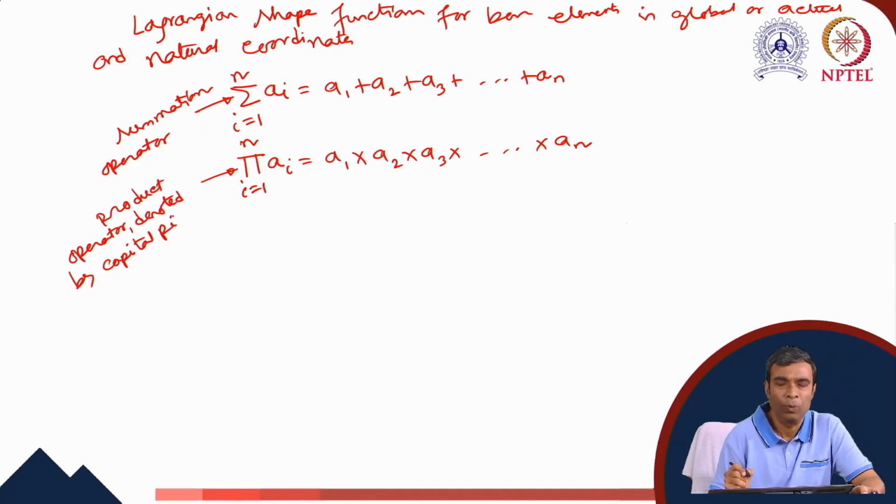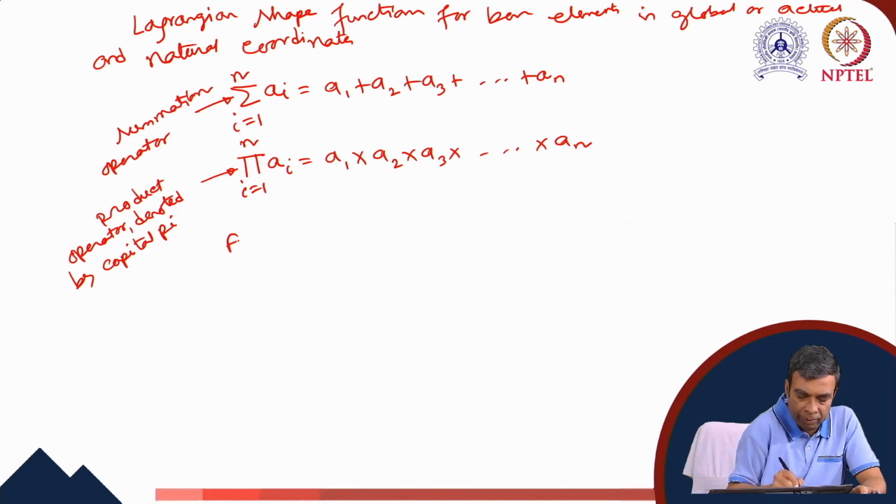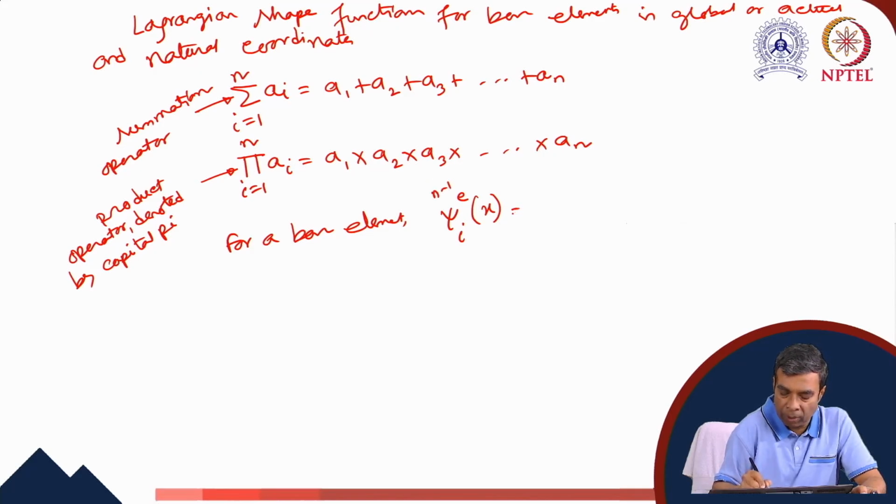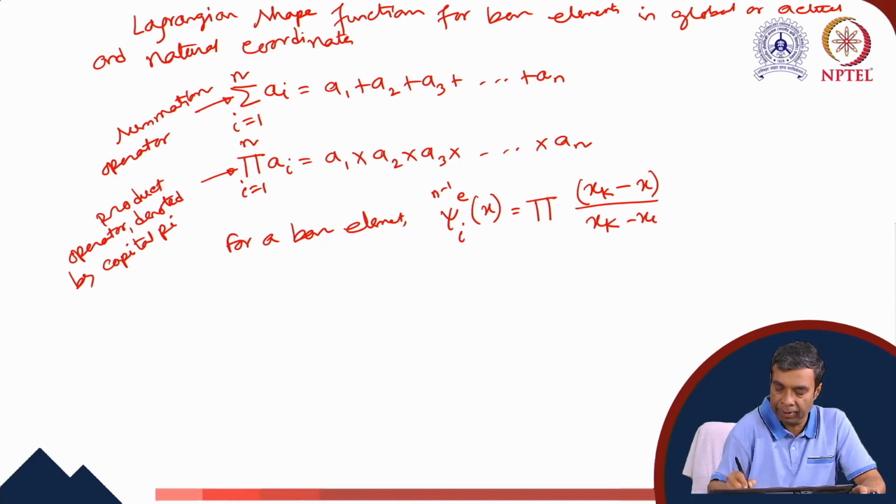Now we can define the Lagrangian shape functions for a bar element. For a bar element, we define psi ie as a function of x. This is the shape function of n minus 1th order equals to the product operator of xk minus x divided by xk minus xi.